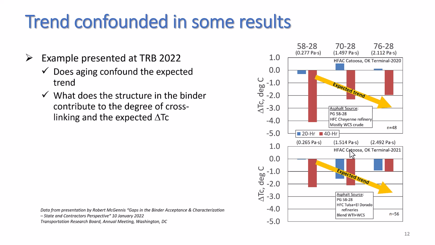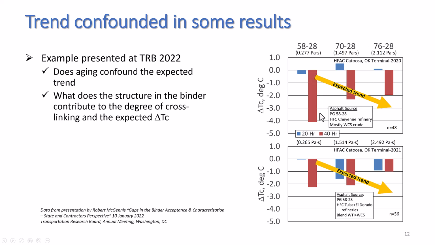These are results that Bob McGuinness presented at TRB in 2022 from polymer modified materials. So the general trend would be, as you take a PG 58-28 and you modify it to make a 70-28 and a 76-28, you would expect to see the performance increase.